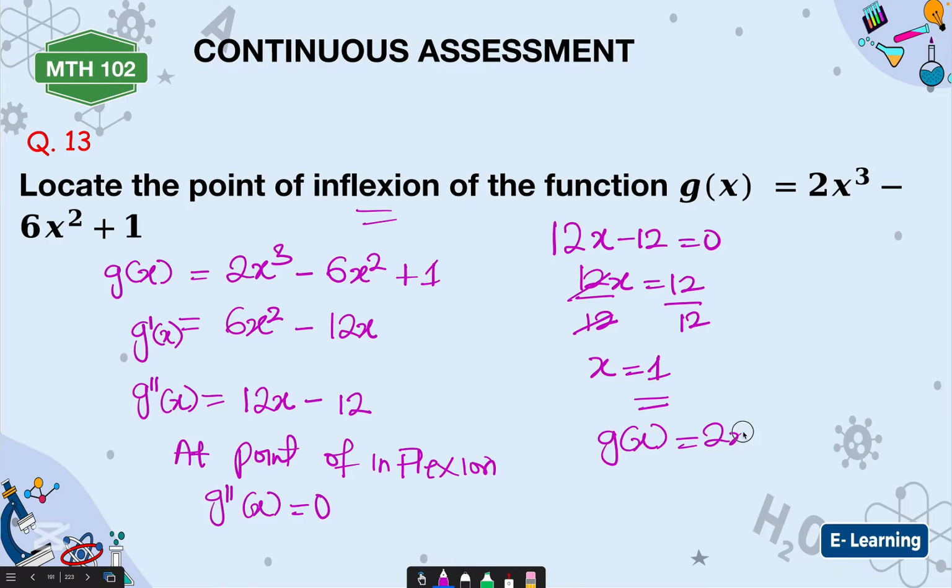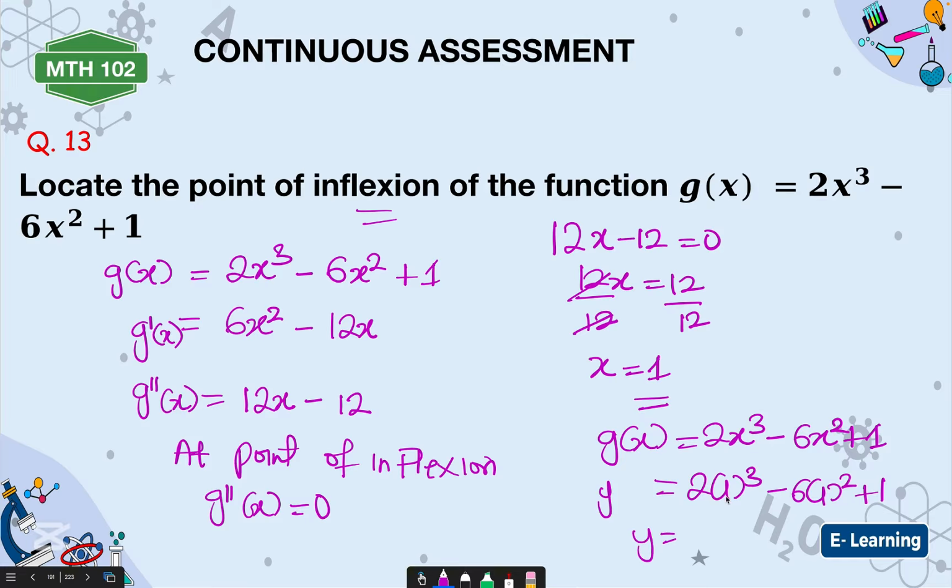The first equation, which is the original equation. So substitute 1 into that. And this will give us 2 bracket 1 raised to the power of 3 minus 6 bracket 1 squared plus 1 to get the y-axis, because g(x) is still the same as y.